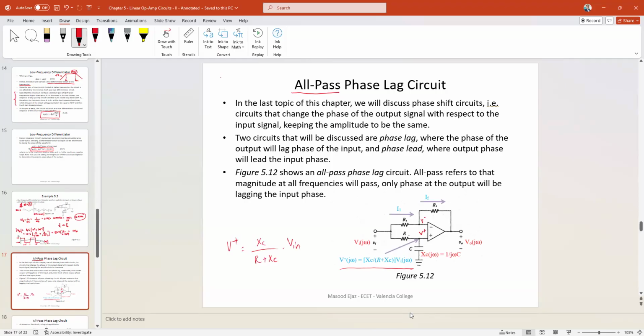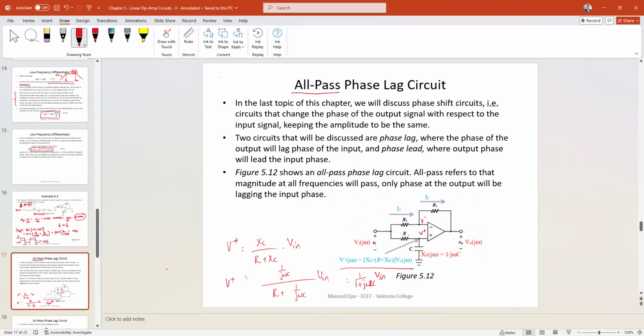And of course, XC is 1 over j omega C. So you can go ahead and plug that in, 1 over j omega C over R plus 1 over j omega C times V input, which will give you 1 over 1 plus j omega RC. So that is the voltage at the non-inverting input. And again, the same voltage is going to appear at the inverting input as well.